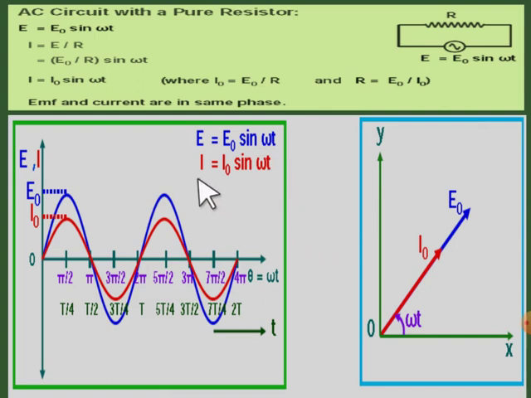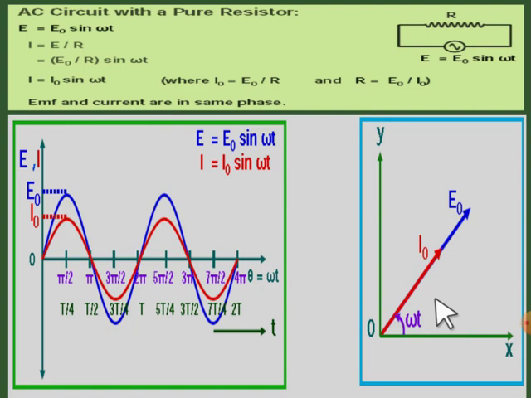If these sinusoidally varying functions are represented as rotating vectors, then that will represent a phasor diagram. As I told you, a rotating vector that represents a quantity varying sinusoidally with time is called a phasor.